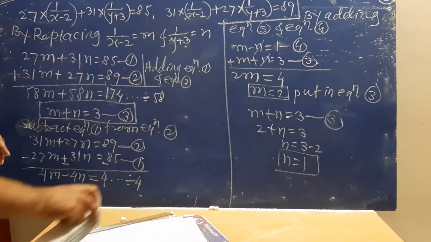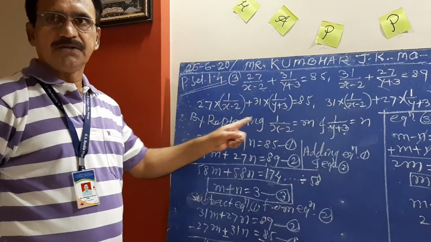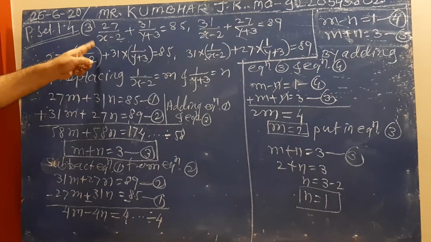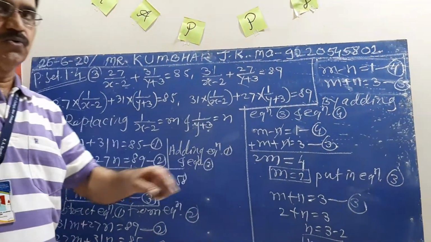For our convenience, any problem here? Write this down first, and then we are going to find the value of x and y. Here m is equal to 2 and n is equal to 1.